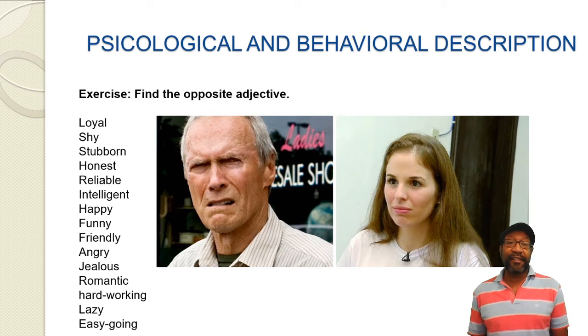First, we have this guy, Clint Eastwood, and the girl, I think you know, Suzane von Richthofen. She became famous for a very ugly thing that she did. And these two pictures are interesting because you have Clint Eastwood. He's an actor, right? Most of the time he portrays roles of tough guys, cold-blooded guys.